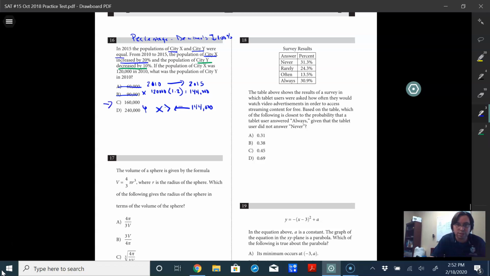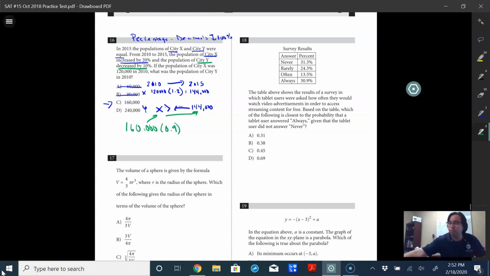So if we take C and say there were 160,000 people in 2010, hypothetically, and there was a 10% decrease, that should take us to the 144,000. So we multiply by 0.9.